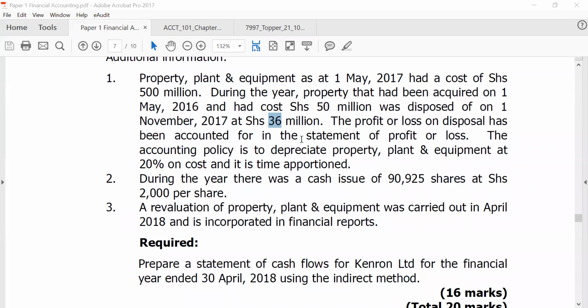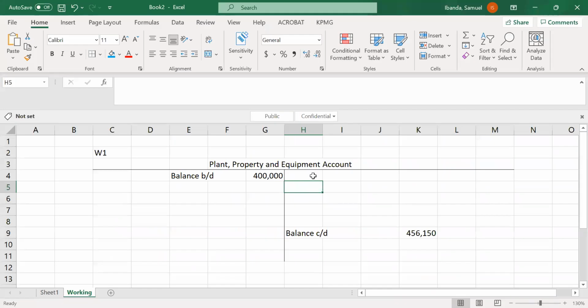So it means that I'm going to use the net book value instead. So right here, they're telling us it was disposed of on 1st November 2017. So I'm going to transfer that value within my account. So disposal of asset.